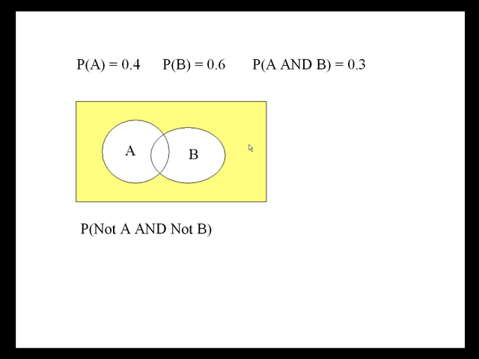It was a few slides back, but I can reconstruct it. The A or B is going to be the 0.4 plus the 0.6 minus the 0.3. But of course, that white region is not what I want. It's the yellow one. The yellow is everything else. So if I subtract from 1, I'll get what I want.